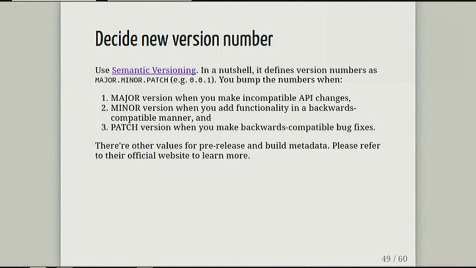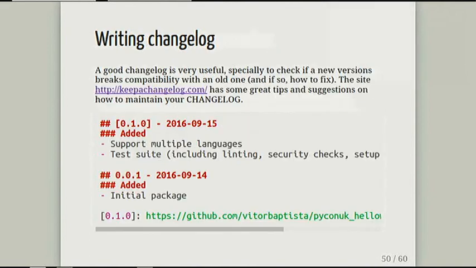If the new version is just a bug fix, should I bump 1.0.0 to 2.0.0, or should it be 1.0.1, or what should I use? Look up semantic versioning. Use it. It's very straightforward, and maintain it.